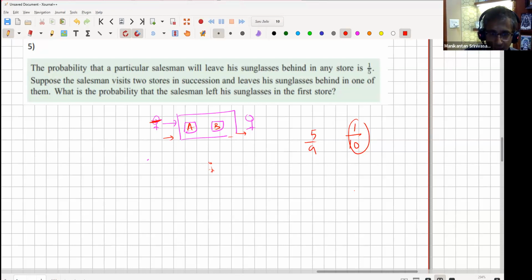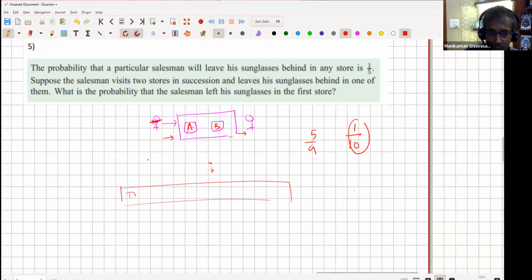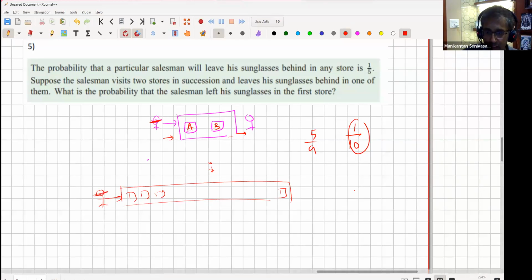Intuitively, for example, instead of 2 stores, let's assume the mall had 100 stores. Store 1, store 2, store 3, all the way to store 100. Again, the same professor, you see him walking with glasses. You see him walk out without glasses. Now you're wondering what is the probability that he left it in store 1 versus what is the probability he forgot it in store 100.